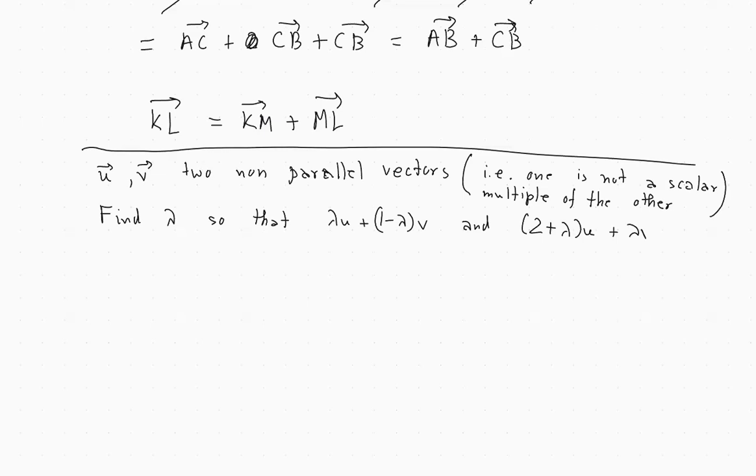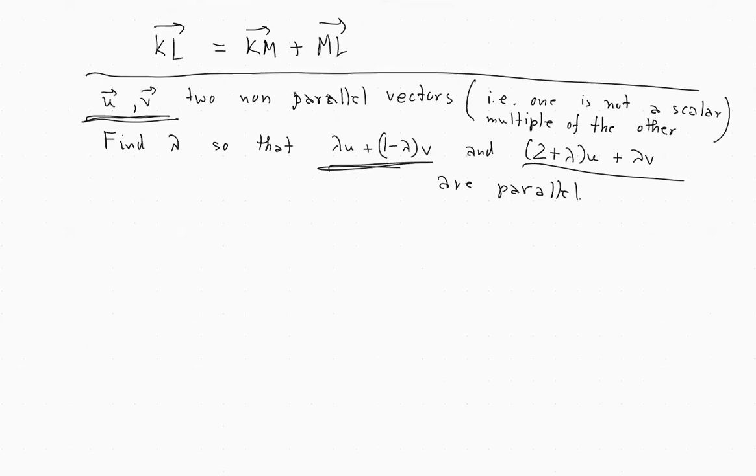So in other words, let me try to rephrase this. You start with 2 non-parallel vectors, and you're asking, can I choose a lambda so that these 2 vectors are now made to be parallel? And well, again, we said that 2 vectors are parallel if and only if one is a scalar multiple of the other. So we would like, for example, this vector to be a scalar multiple of that vector.